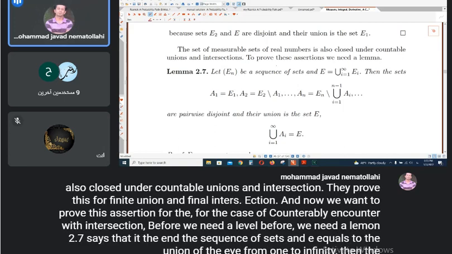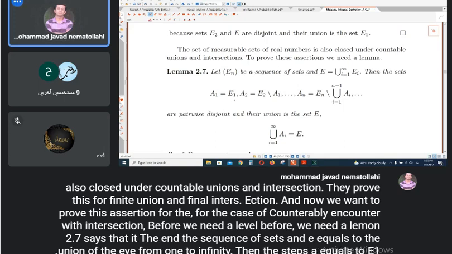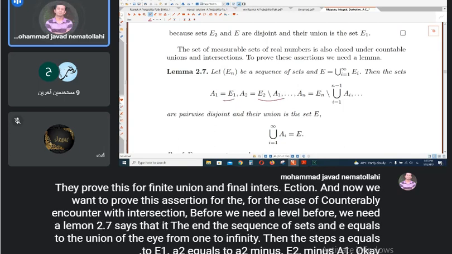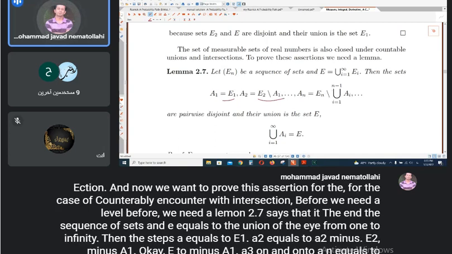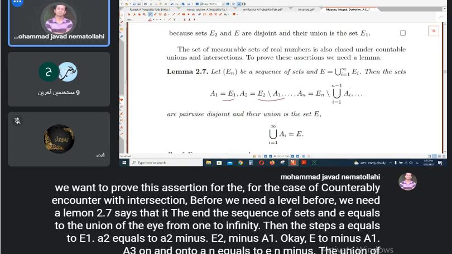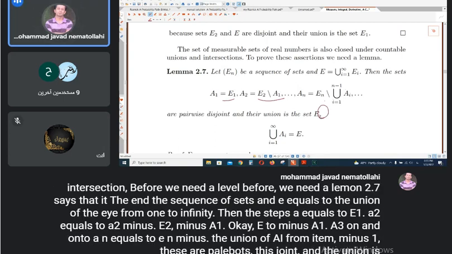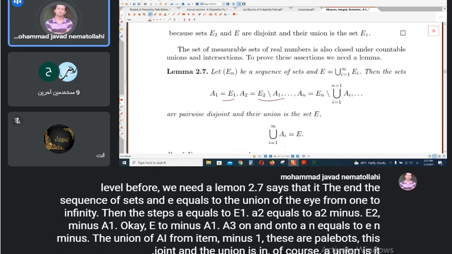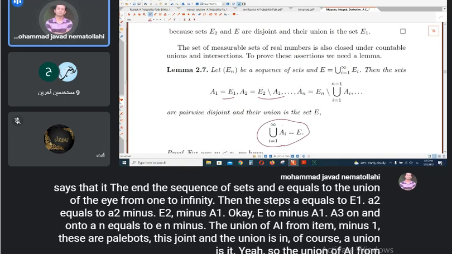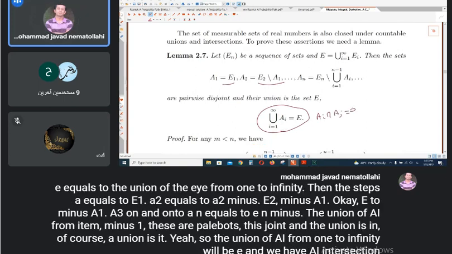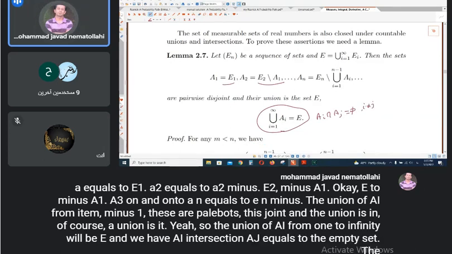Then the sets A1 equals E1, A2 equals E2 minus A1, A3, and on and on, to An equals En minus the union of Ai from i equals 1 to n minus 1, are pairwise disjoint, and the union is E. Of course, the union is E. So the union of Ai from 1 to infinity will be E, and we have Ai intersection Aj equals the empty set where i is not equal to j.